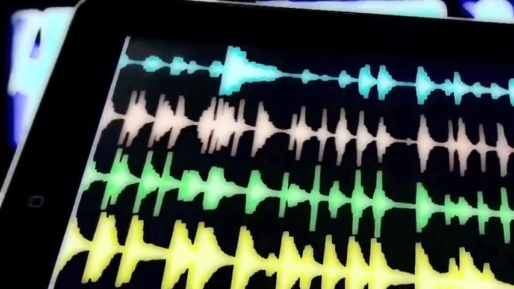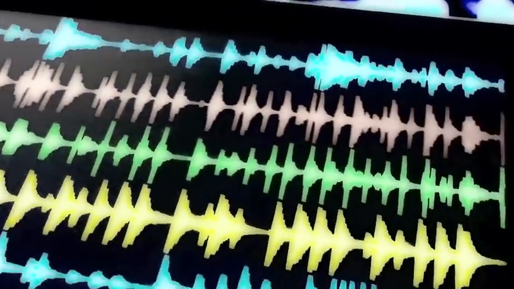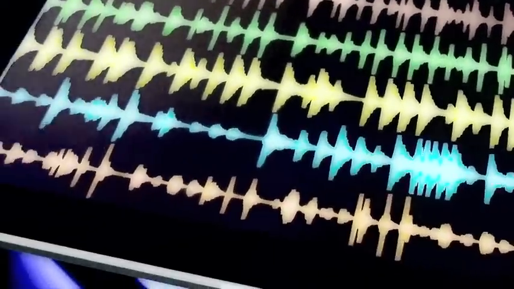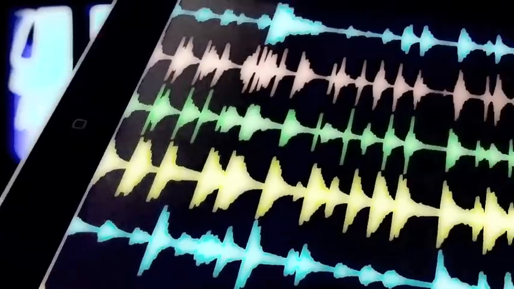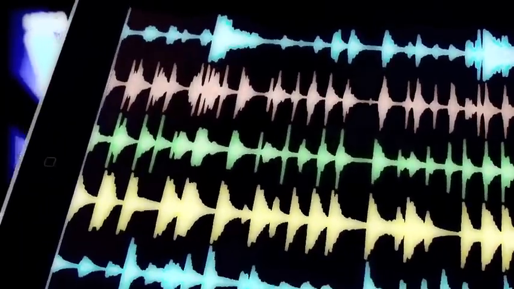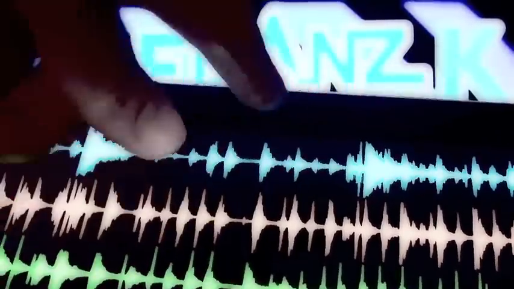When we get into the control of the program itself, we're dealing with a pretty minimalist sort of situation here. So that is both a plus and a minus. You know, it looks cool, but I would appreciate at least the option of having the controls be shown behind these loops here.